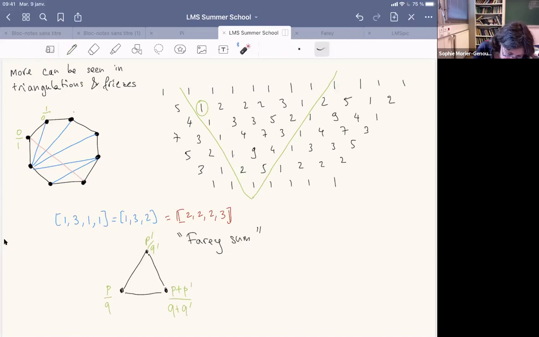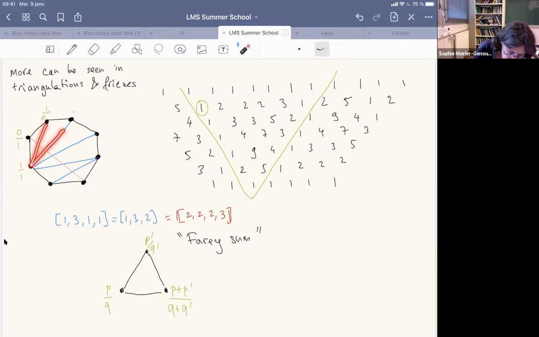So let's do it. I have a triangle here. 2 vertices are assigned a rational, so I can compute and assign the third. Here it's just the sum of the numerators and the sum of the denominators.